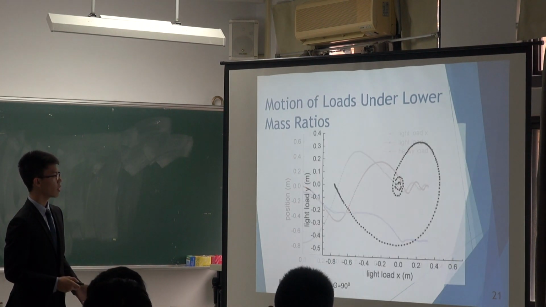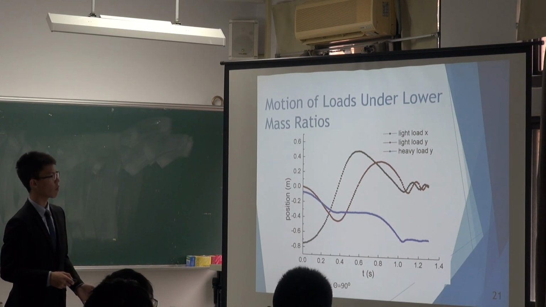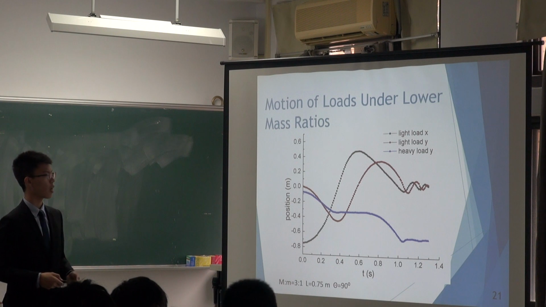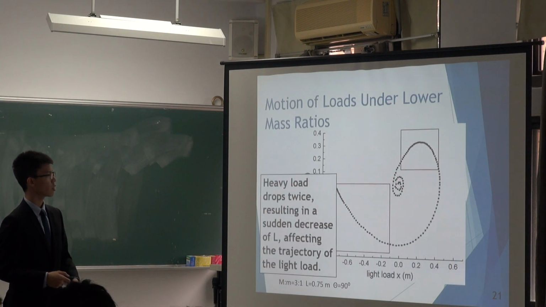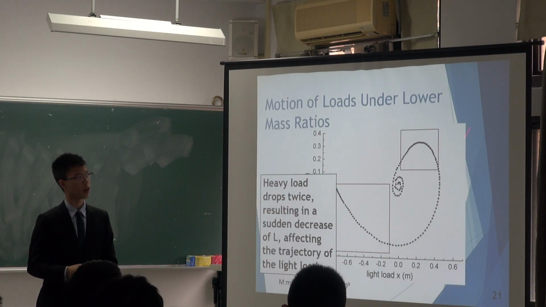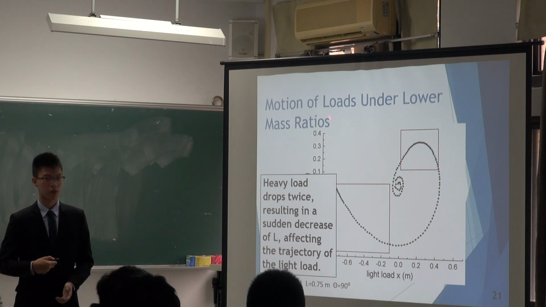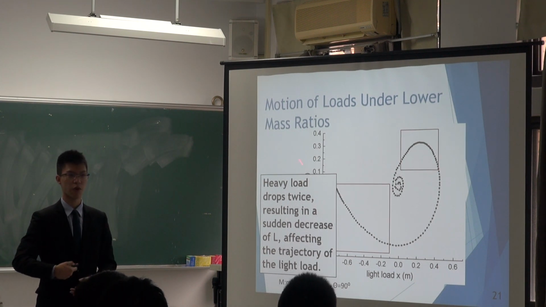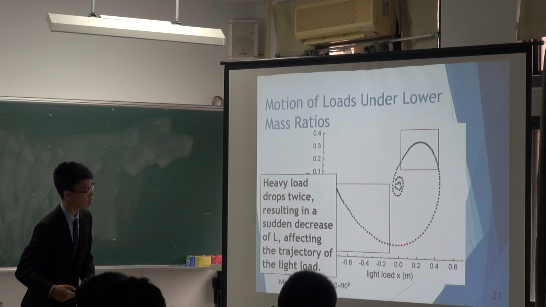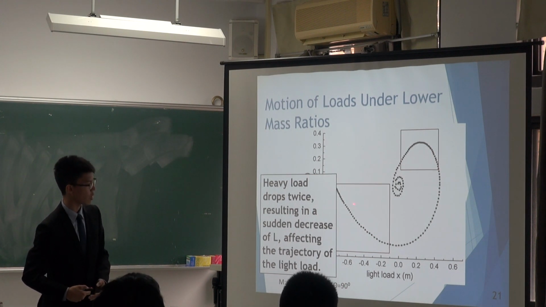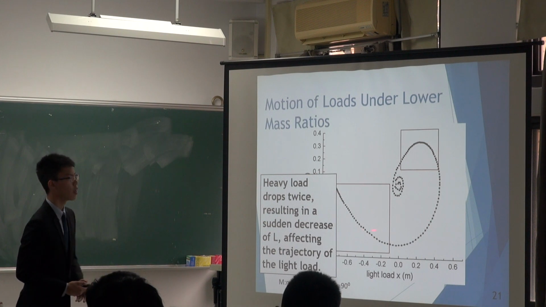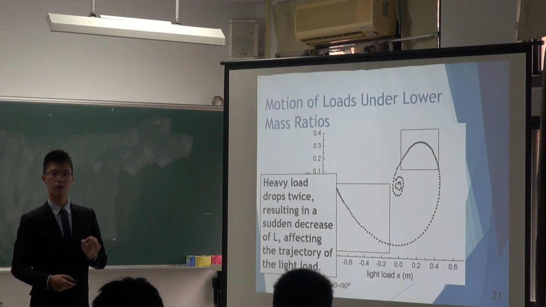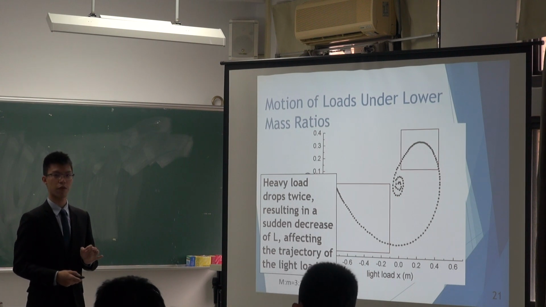So this is a typical graph of the motion with a mass ratio of 1 to 3. What actually happens is that while the light load is trying to rotate and stop the heavy load from falling, the mass ratio is not enough to increase the tension that allows the light load to acquire the condition for stopping at the first round.